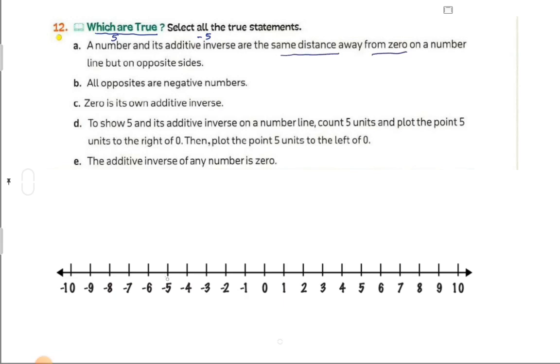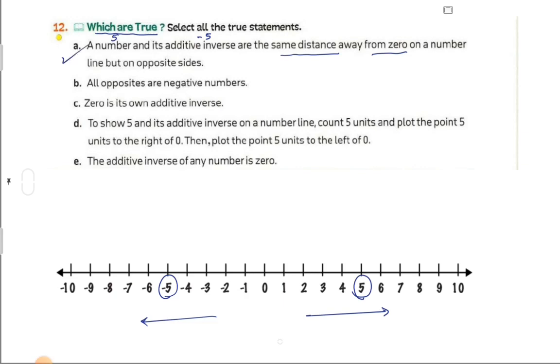Yes, 5 and negative 5, its opposite or additive inverse, are the same 5 units from 0, 5 units from here and 5 units from here. It's the same distance away from 0 on a number line, but on the opposite side. Yes, it's 5 on the right and negative 5 on the left.